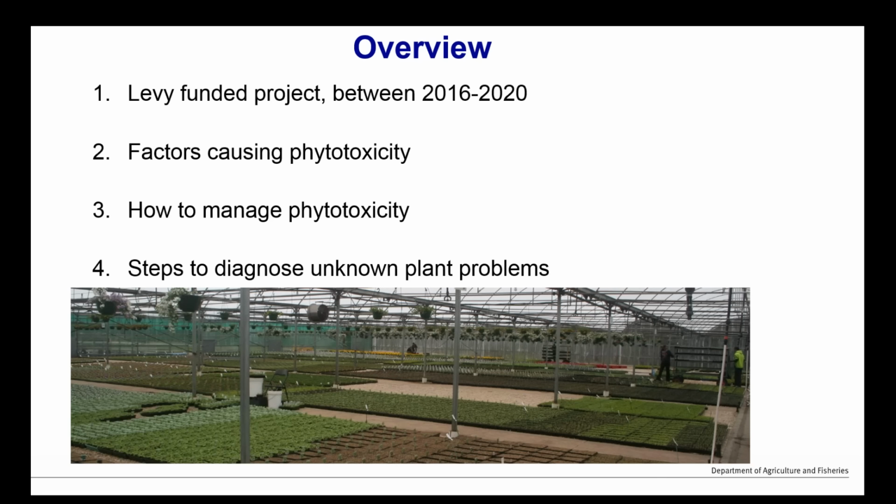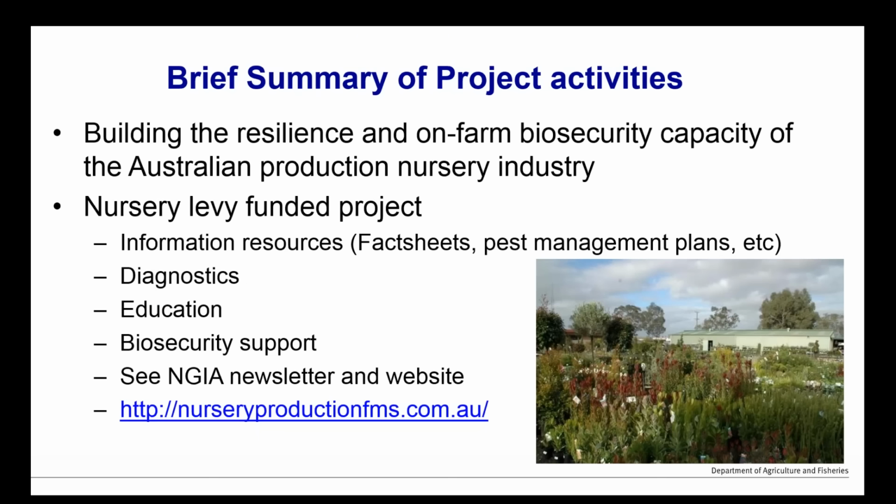Okay, so the Nursery Project covers the production of many resources, so fact sheets, pest management plans. We have discounted diagnostics for all production nurseries. NIAS accredited nurseries get free samples, about 10 per year.